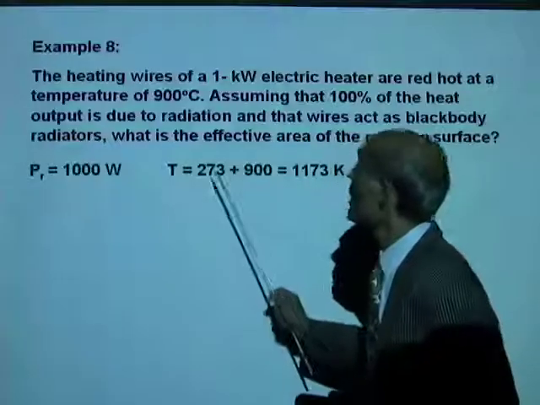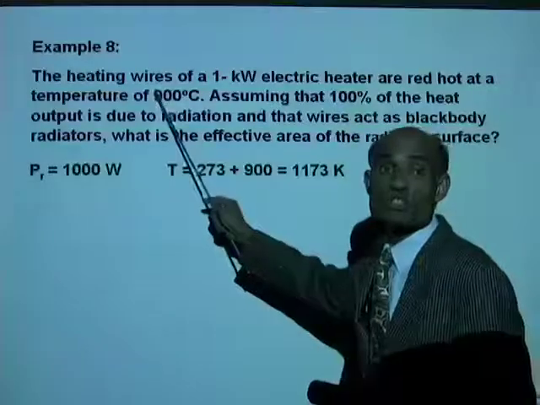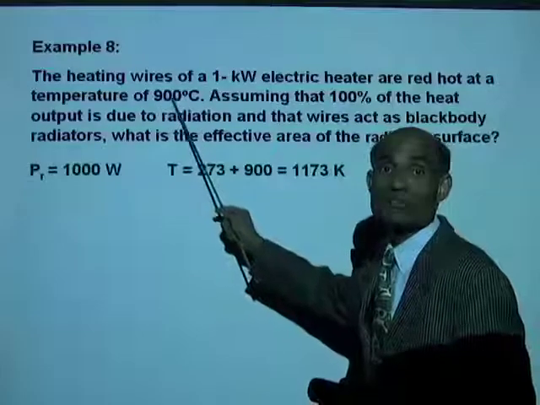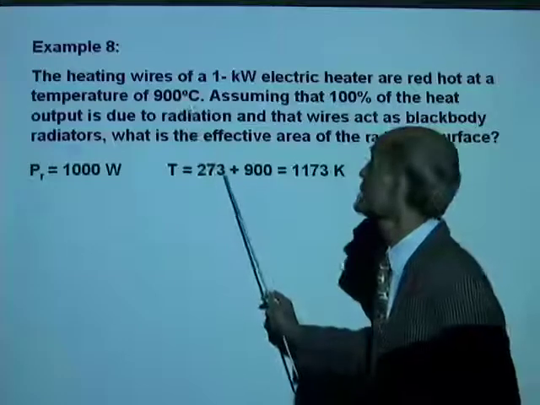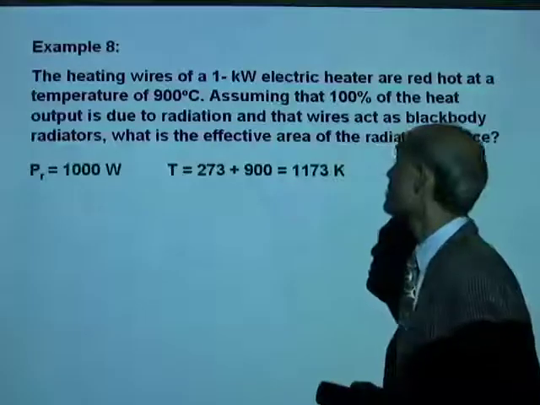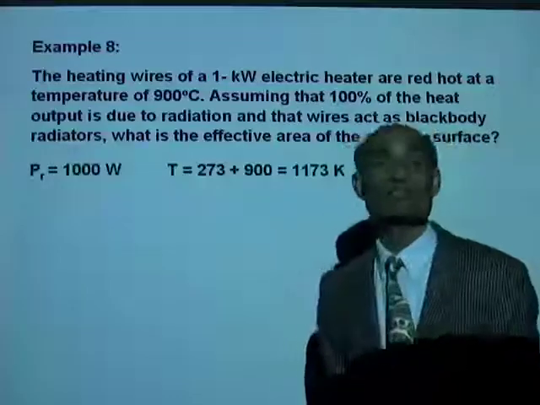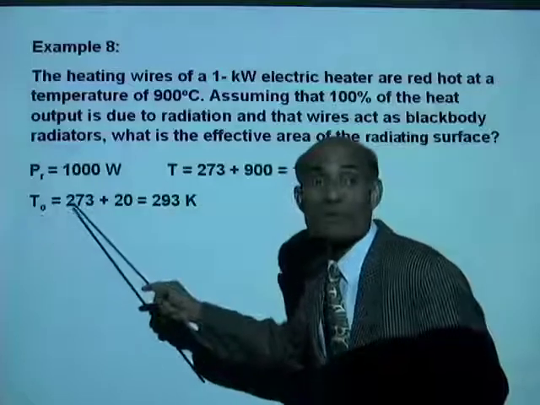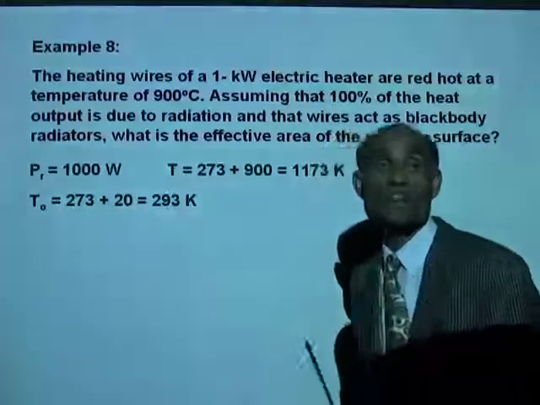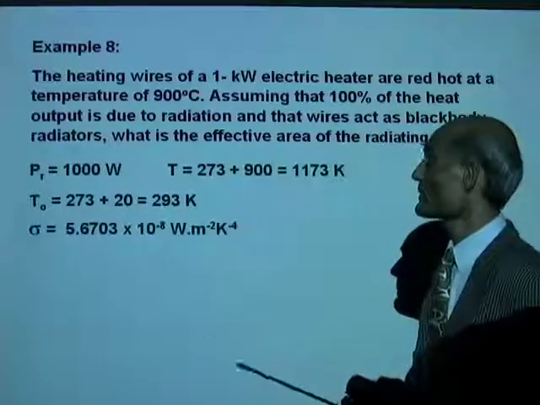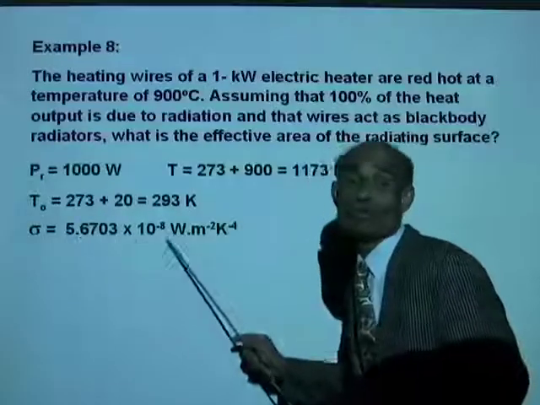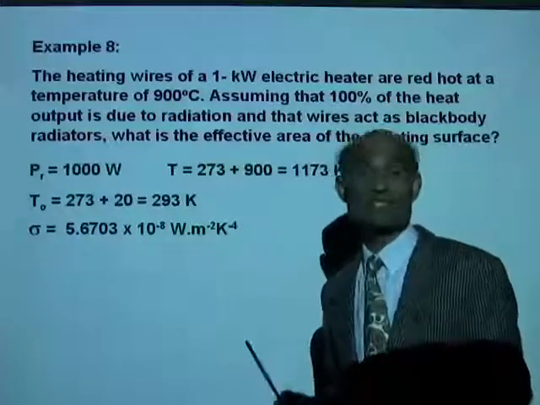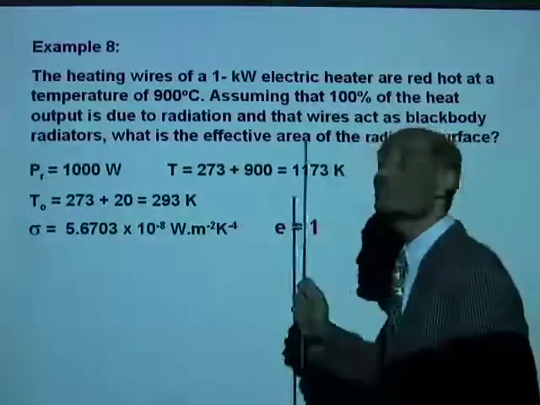The temperature of the radiating object, that is the hot heater, is 273 plus 900, 1173 Kelvin. The temperature of the surroundings is 293 Kelvin. Sigma we know, the Stefan's constant, and E is given to be 1.